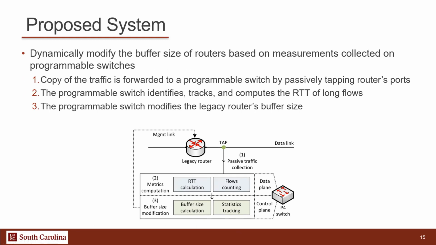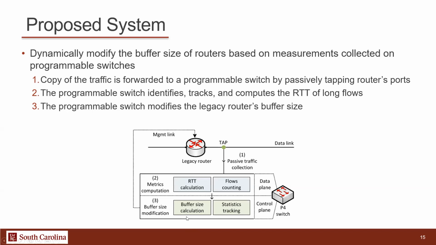We will have these statistics ready for every packet that we receive on our P4 switch. Then the statistics will be pushed to the control plane, where we will be basically computing the buffer size. So here in this use case, we set the buffer equal to BDP over square root of n, which is the rule referred to as the Stanford rule.